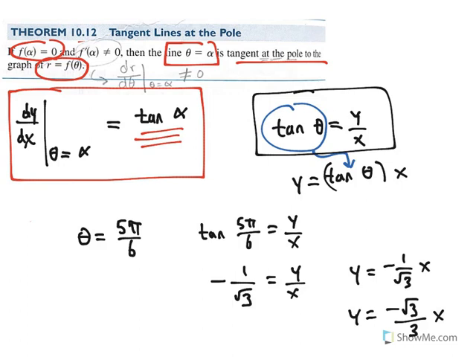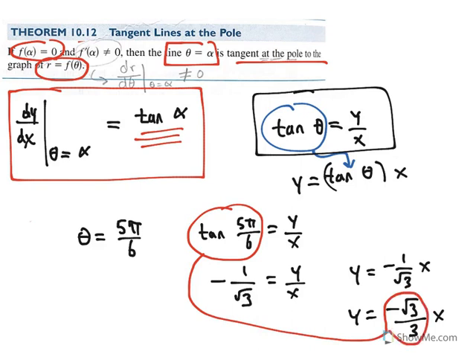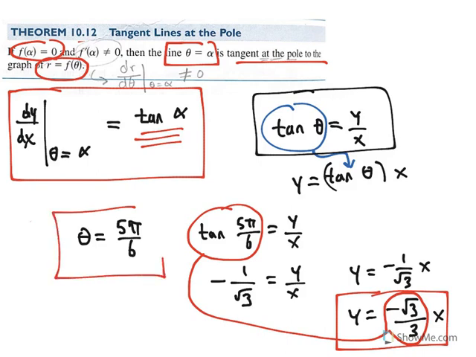So the point that I want to make is tangent of 5 pi over 6 is this value, which is the slope of our tangent line. And when you graph this rectangular equation, you will get the same graph as when you graph this polar equation. They will give you the same line.